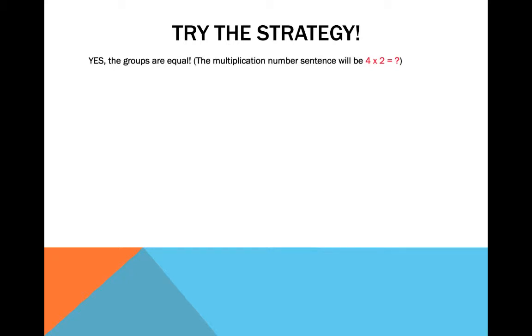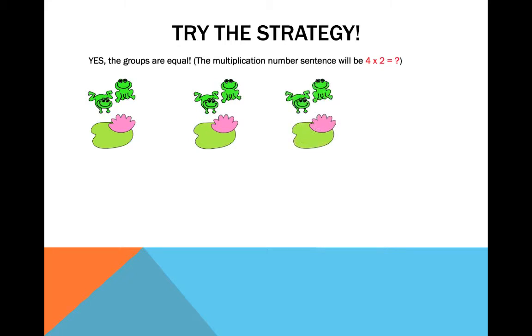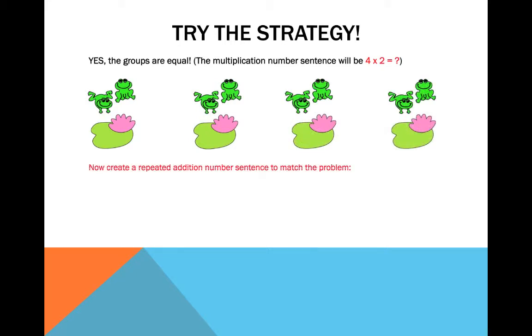The groups are equal. So the multiplication number sentence will be 4 times 2 equals what? So we'll make our groups with the 2 frogs on each. And now we can create a repeated addition number sentence to match this problem. 2 plus 2 plus 2 plus 2 equals 8. That's right, the product is 8.